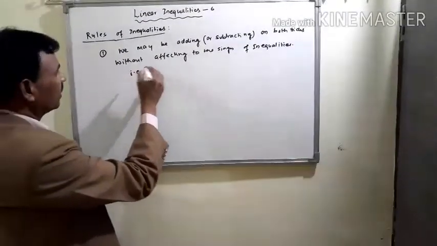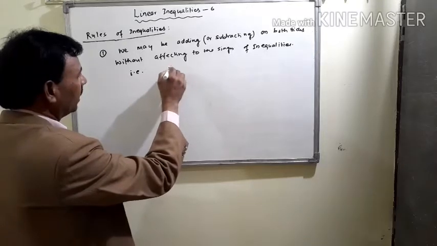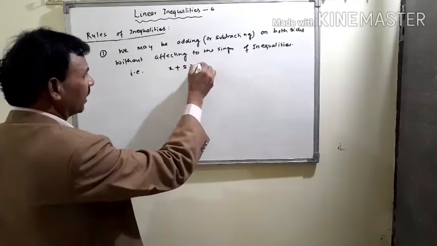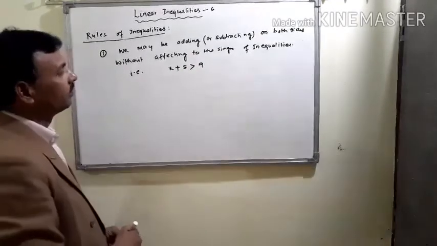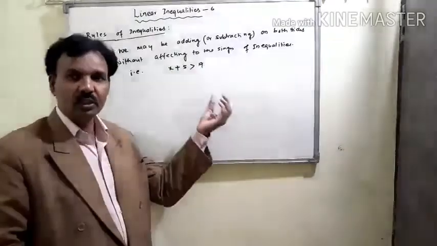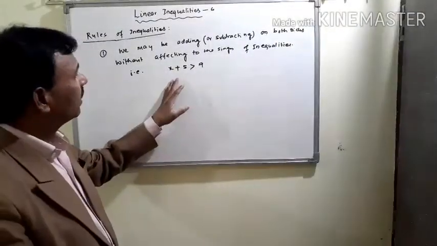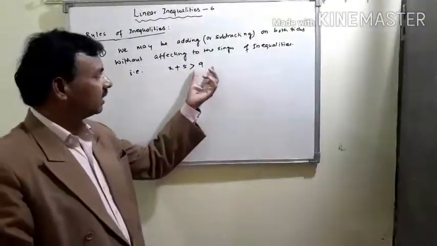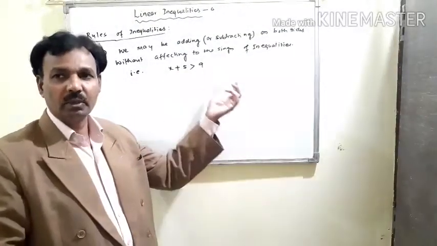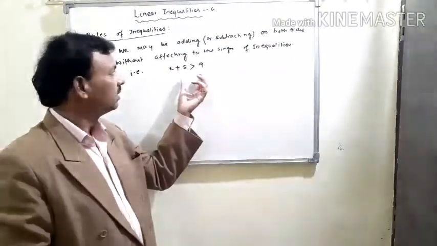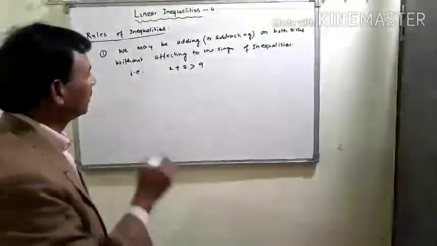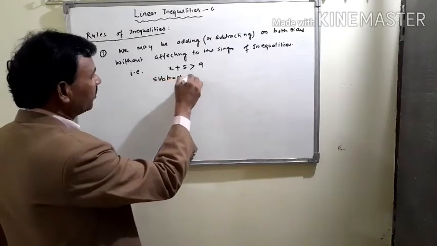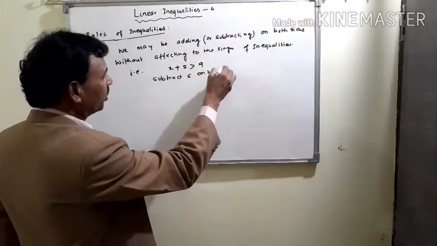That is, suppose x plus 5 is greater than 9. If we want to find the solution of this inequality, we can add or subtract the same number on both sides without affecting the sign. Now subtract 5 on both sides.